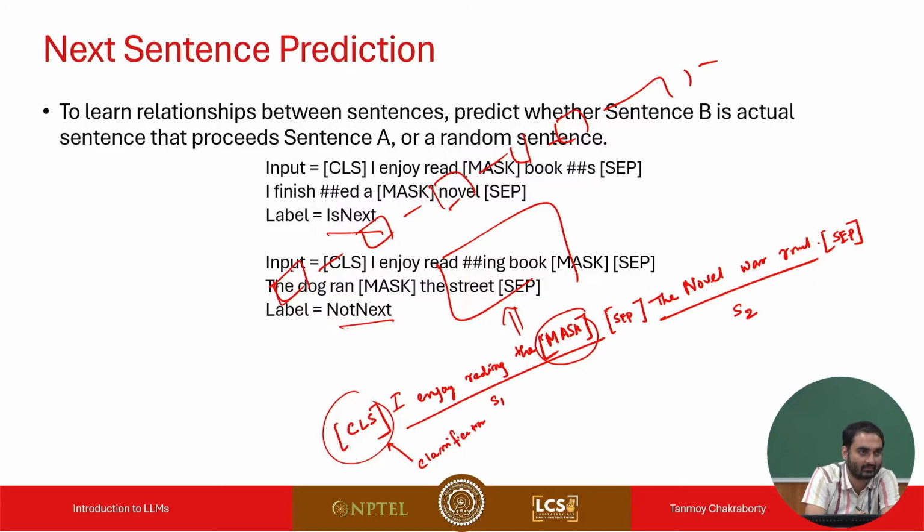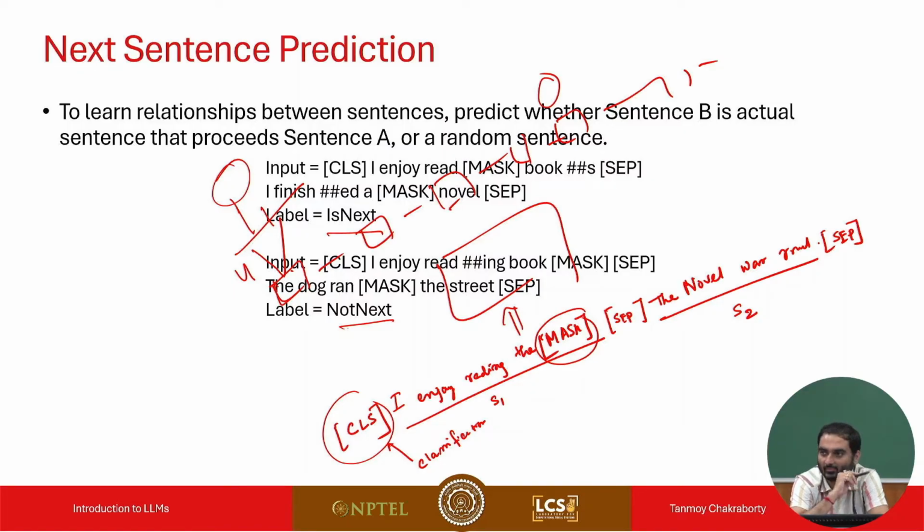On top of CLS, I will use a task-specific head, basically a linear layer U, which will project it into two classes, yes or no. If two sentences are sequential, it will predict yes, otherwise no. There are two losses: one loss is here, another loss is on the mask, and those two losses will be backpropagated. Now my question is, why do we need this CLS token?